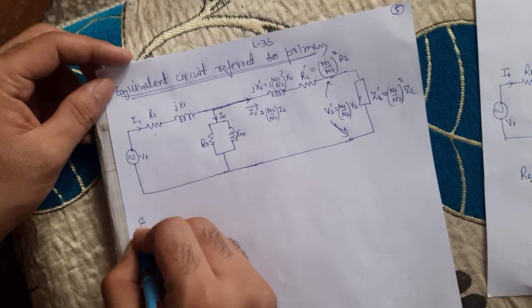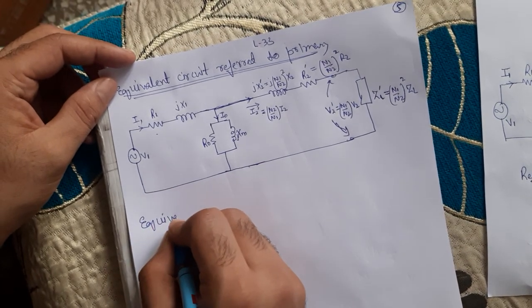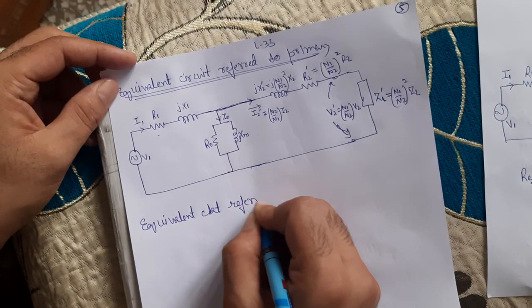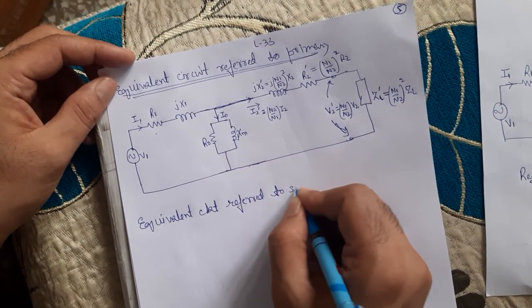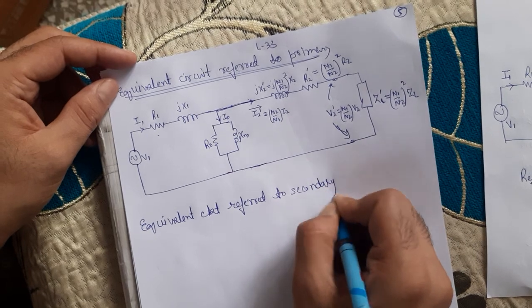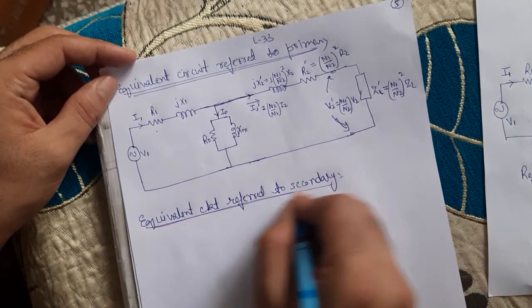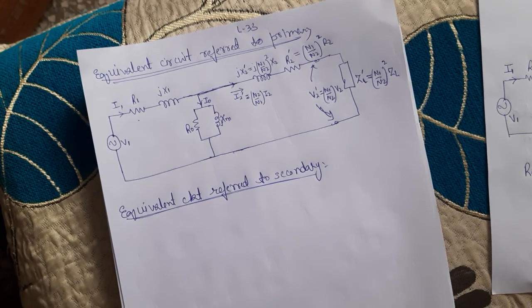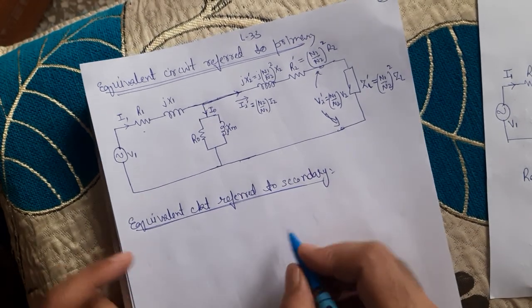Equivalent circuit referred to secondary. No, I am referring the primary circuit towards the secondary. So at that time, the secondary circuit will remain as it is. It will not change.